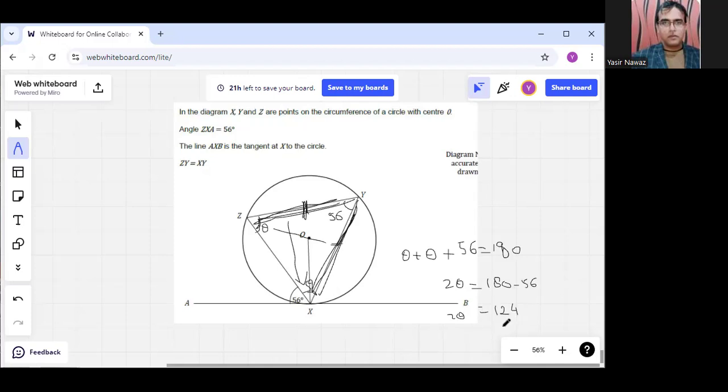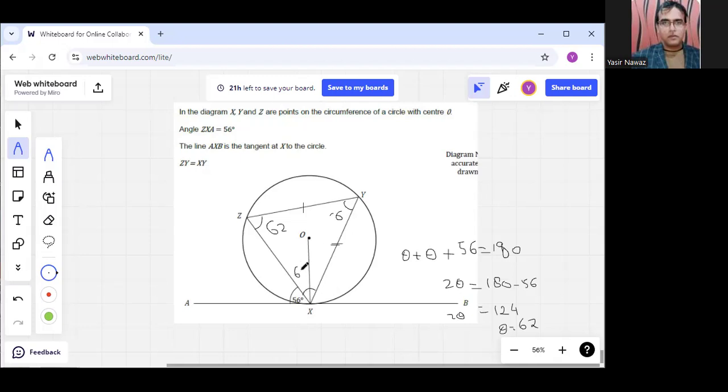So theta would be 62. This angle is 62 because of the isosceles triangle.